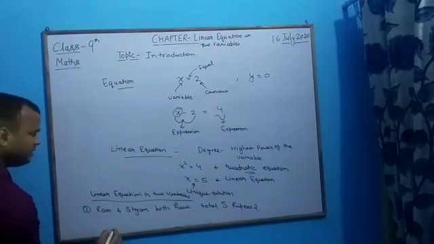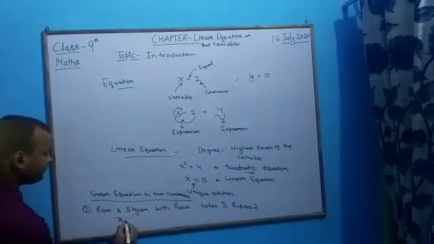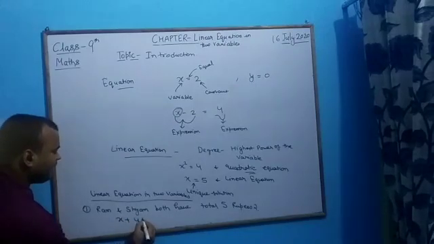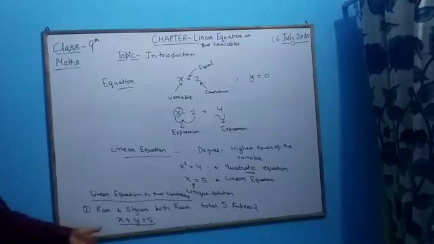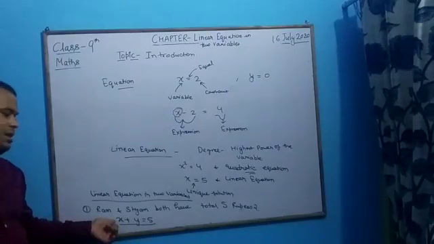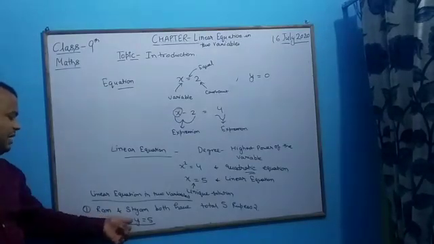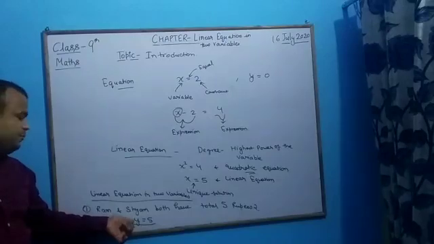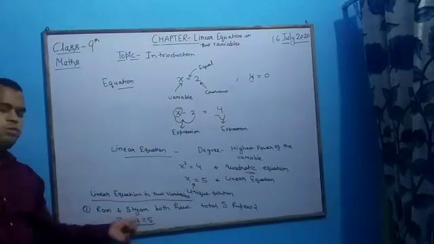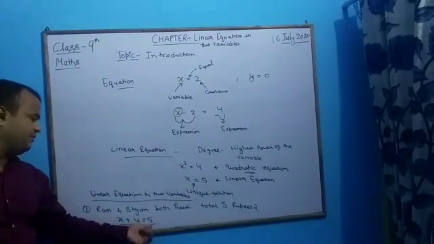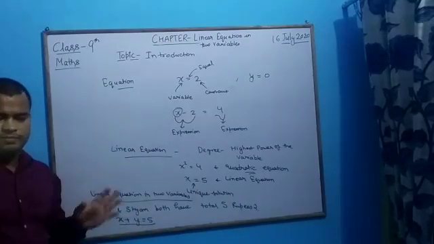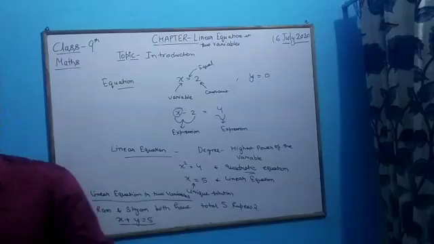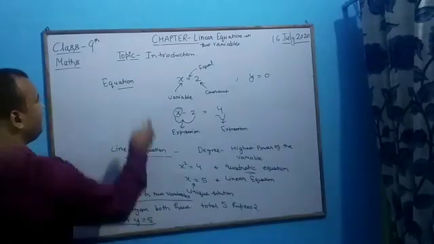We can write this simple equation like x plus y is equal to 5, where x is the rupees Ram is having and y is the value of rupees Shyam is having, and total they are having 5 rupees. So we can write x plus y is equal to 5. That's a very simple equation in two variables.